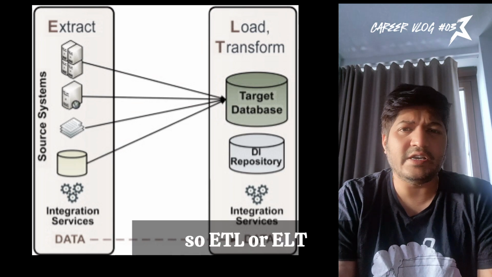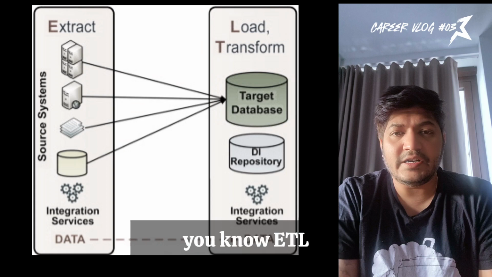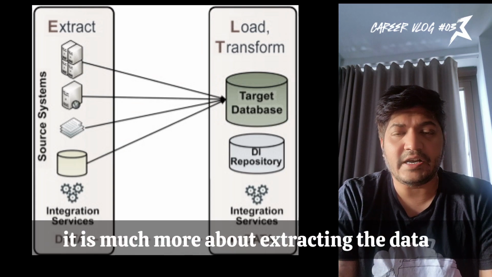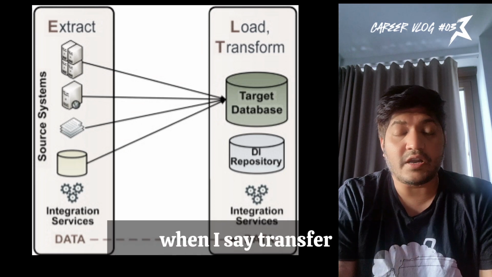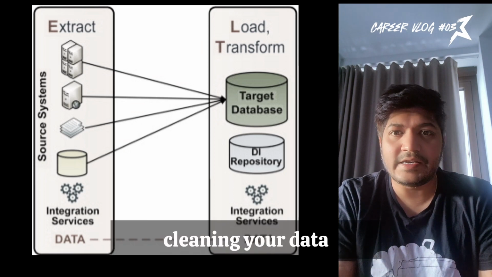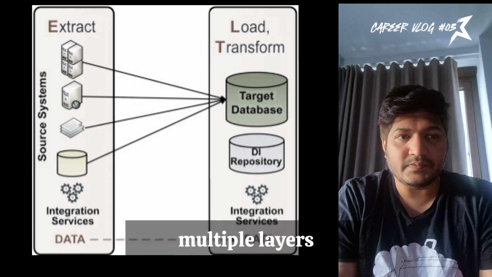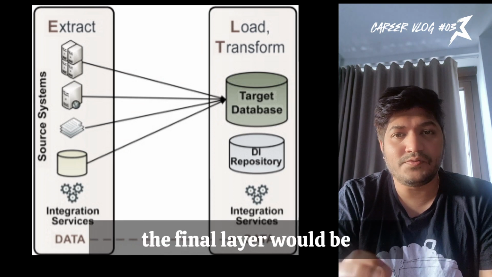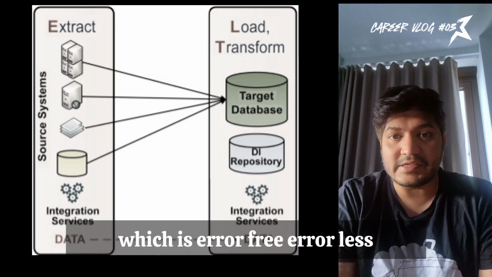ETL or ELT, which is also fine, but in terms of ETL, it is much more about extracting the data, transforming the data. When I say transforming the data, it would be cleaning your data and making it into multiple layers. So the final layer would be good data, which is error free.